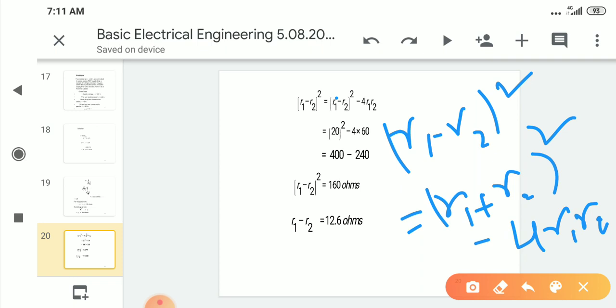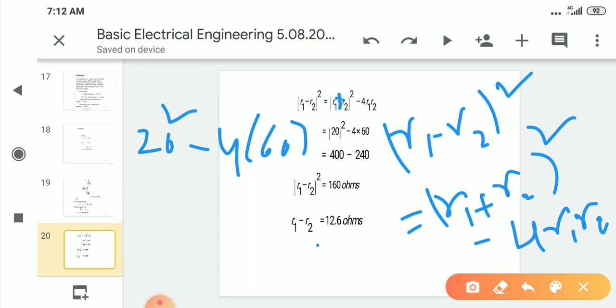Here this is plus, not minus, inside the first bracket. By our first equation we are getting R1 plus R2 as 20, so 20 square minus 4 into, in our second equation R1 into R2 we get as 60. Then 400 minus 240. R1 minus R2 whole square is equal to 160 ohms we will get. Root of this 160 is 12.6 ohms.